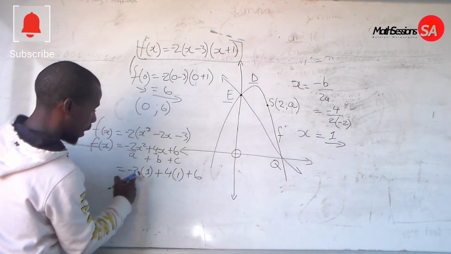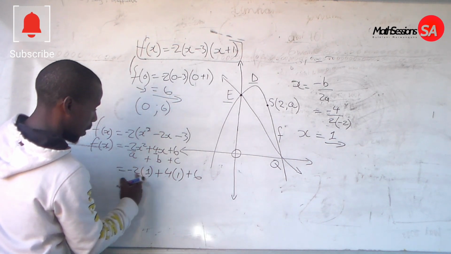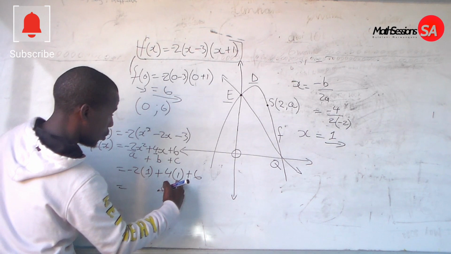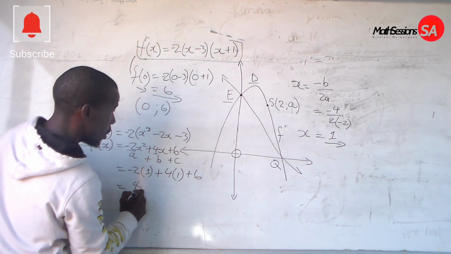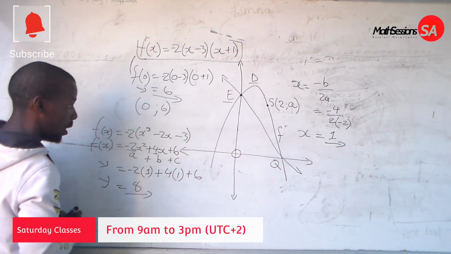So we are having negative 2, plus 4, plus 6. Negative 2 plus 4 is a positive 2. We have an 8 at that point. So our value of y is equal to 8.